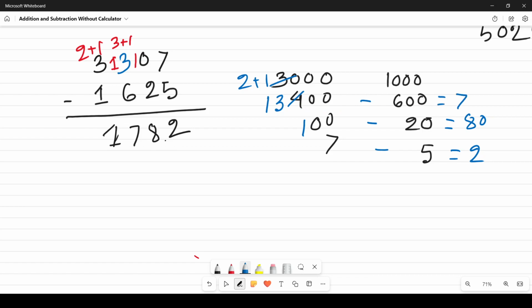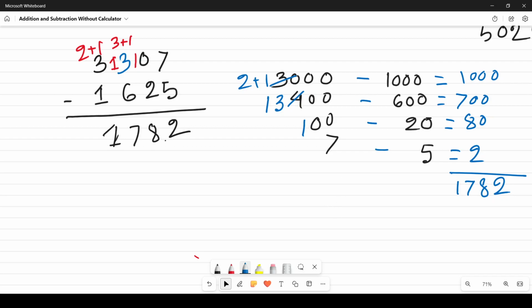We get 700, and on top then we are left with 2000. So if we subtract 1000 from 2000 we get 1000. So now if we form this number we'll get 1782.